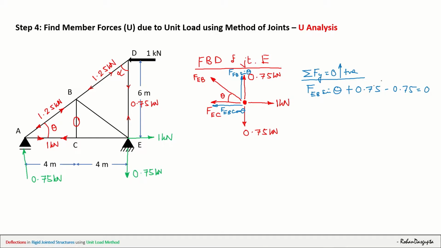You don't need to solve this. These two get cancelled. Hence, FEB directly becomes equal to 0.